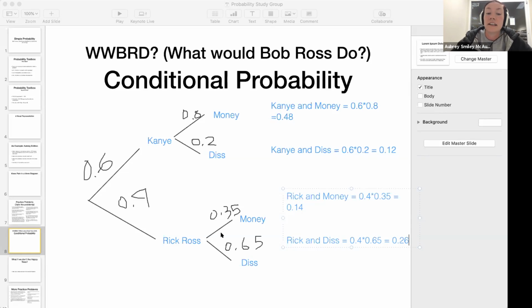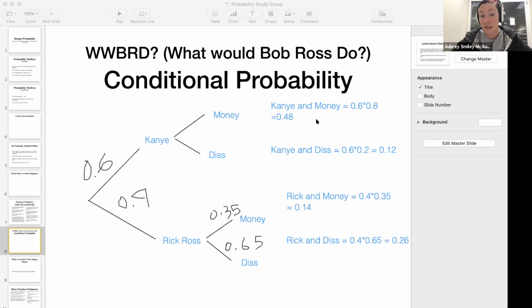So what if I gave you a tree and I didn't tell you what these probabilities were? So you know these are the total probability, but I don't know, given that Kanye has done a song, what's the probability that it's going to be about money?